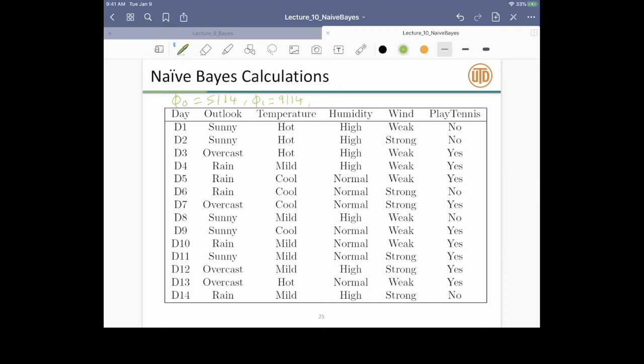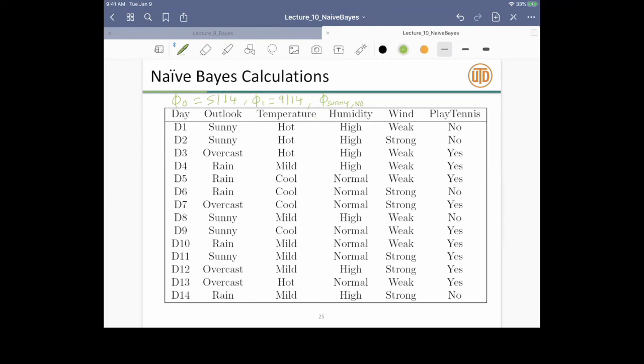And now what about the features? Can someone tell me what will be the feature corresponding to sunny comma no? So the label is no and the outlook is sunny.